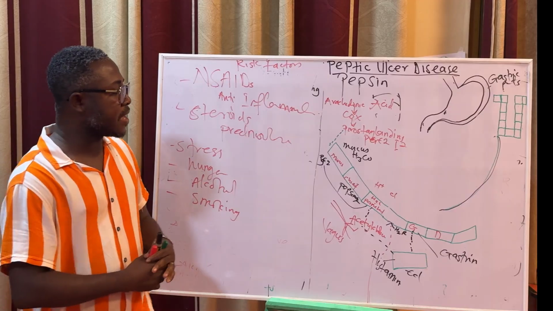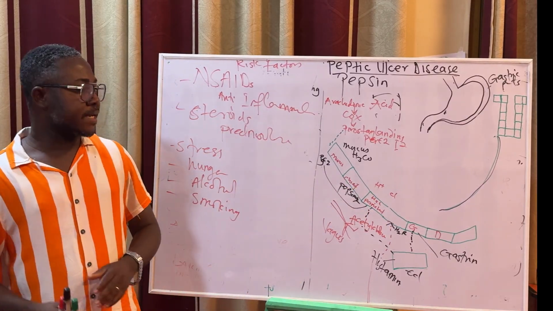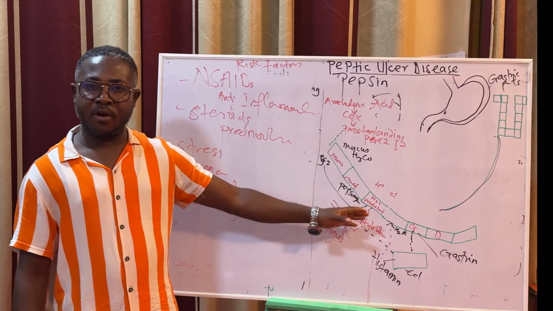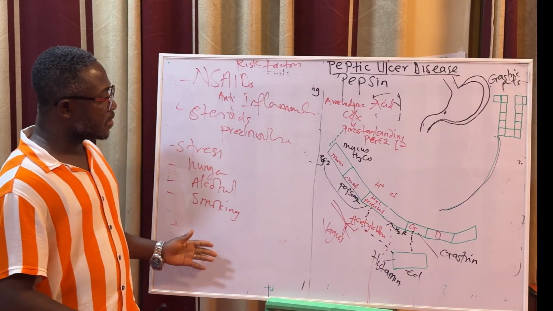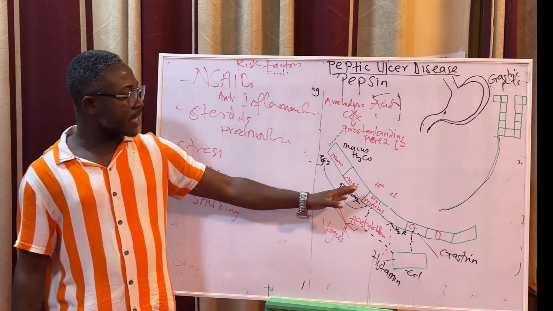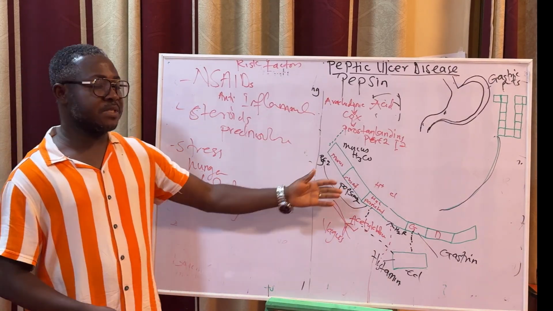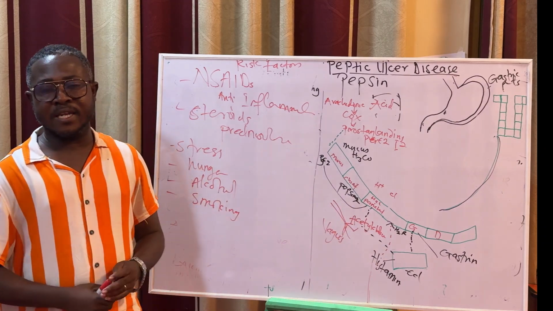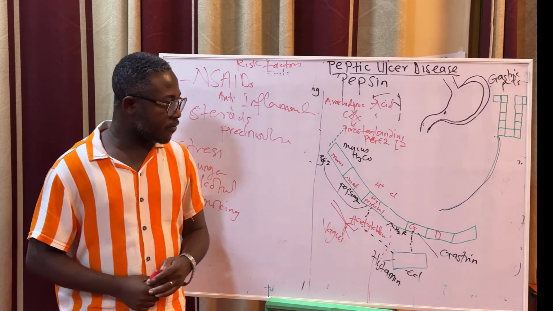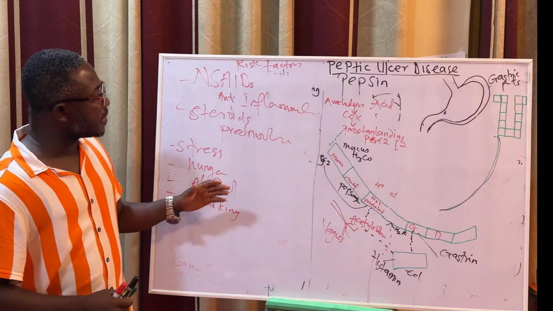Every 3 days, the epithelial cells are being replaced in order to be able to withstand the corrosive nature of the hydrochloric acid. And so when enough oxygenated blood is not getting to the mucosa lining to help in the regeneration of these epithelial cells, then the individual will be at risk of peptic ulcer disease.